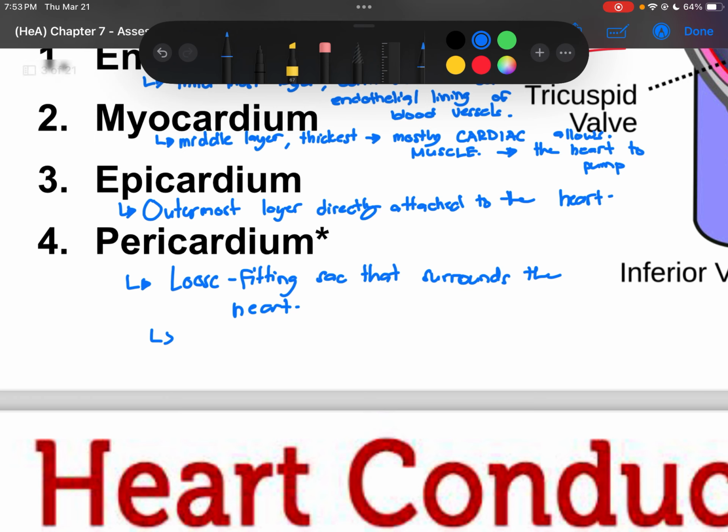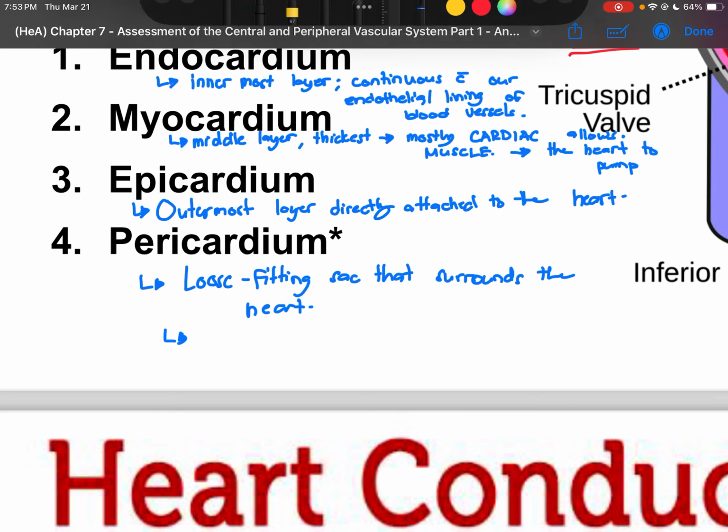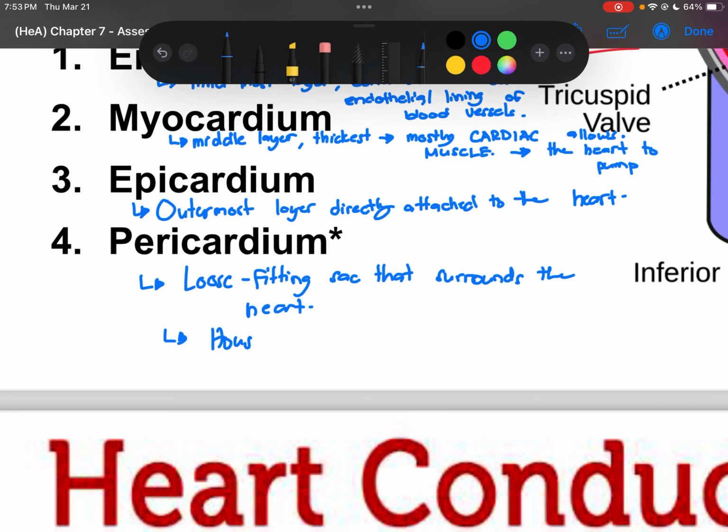The pericardium houses and produces what we call our pericardial fluid.